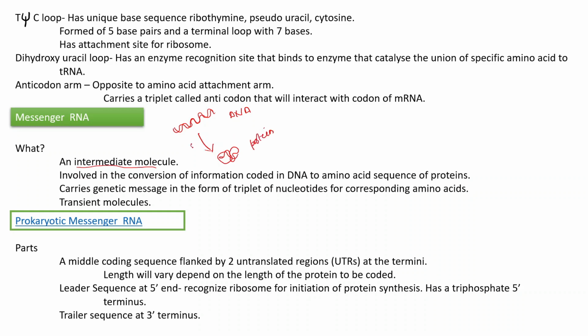So in that process, in between the pathway, we can locate the presence of this mRNA. So it is an intermediate molecule. In this mRNA, the genetic message is carried in the form of a triplet of nucleotides like A, U, G, and this triplet corresponds to the specific amino acid of the polypeptide chain.